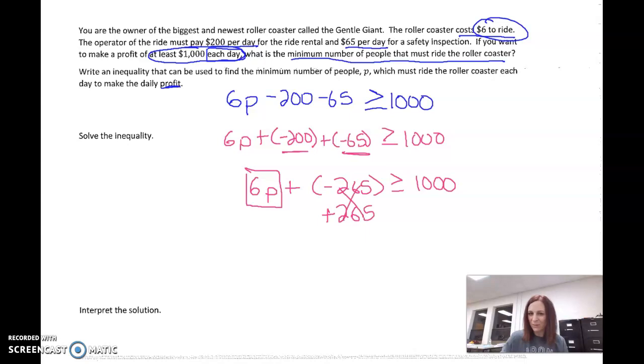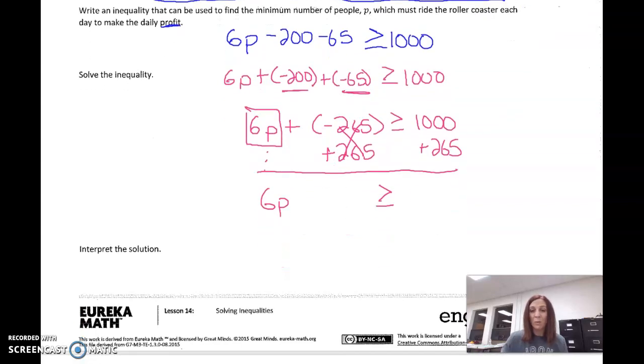Doesn't that give us 0? But if I add 265 to one side, I've got to do it to the other. All right, so I bring down my 6p. 6 times p, that's what that means. That gives me 0. Bring down my inequality, greater than or equal to 1,265.